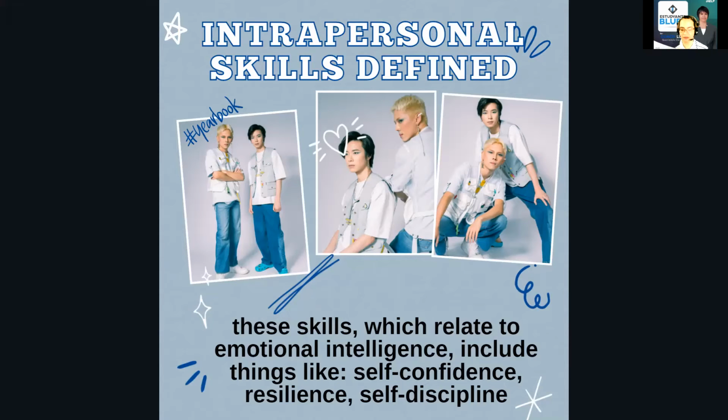We lined up a whole lot of things relating to self, because when we say intrapersonal, this has something to do with yourself, including your confidence, your discipline, and your resilience. We will be discussing them one by one.